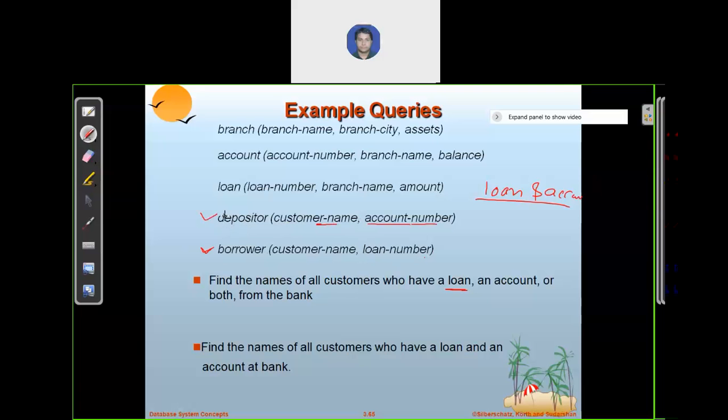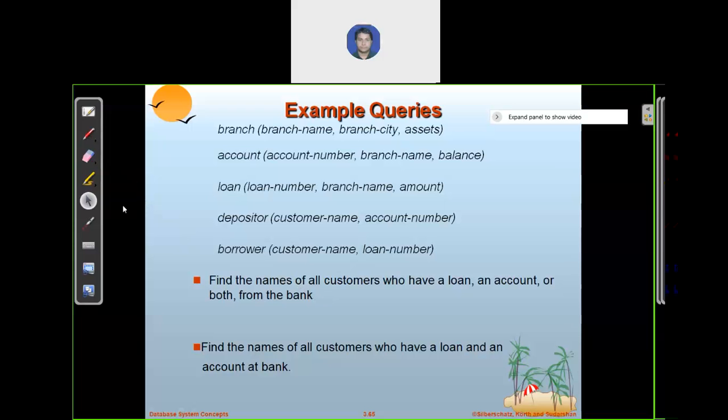These two relations consist of the customers who have an account or a loan. Okay, so what operator will you apply for this query? Please write in chat. Read your query and write in chat which operator we will use, or if you know the query you can even write the algebraic expression for this query in chat.